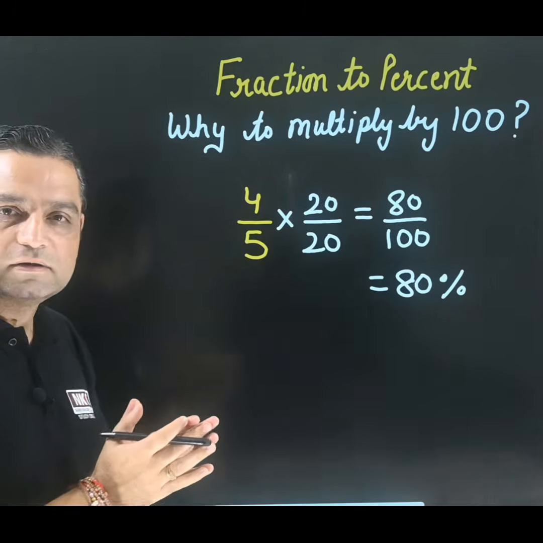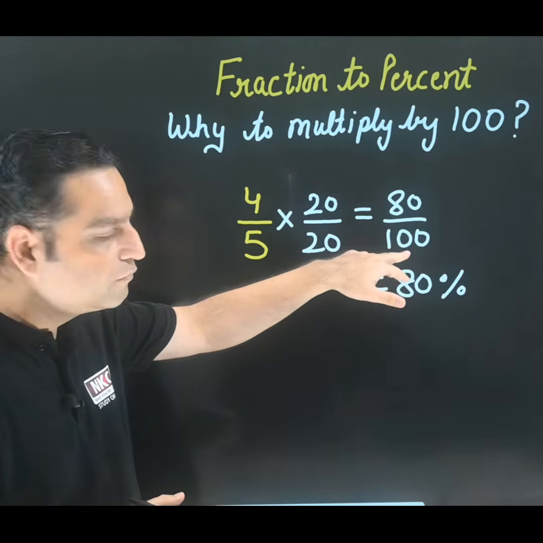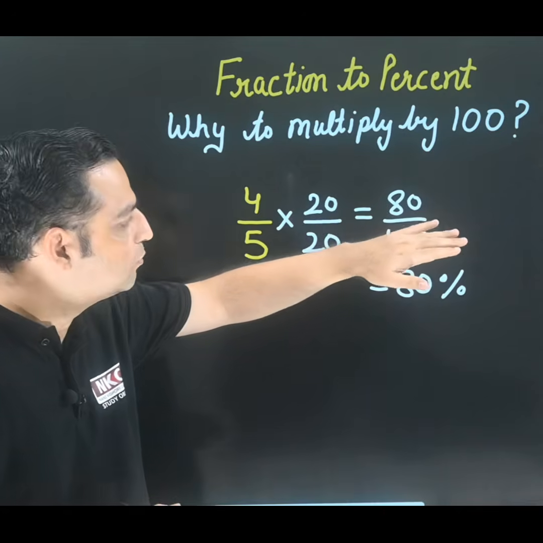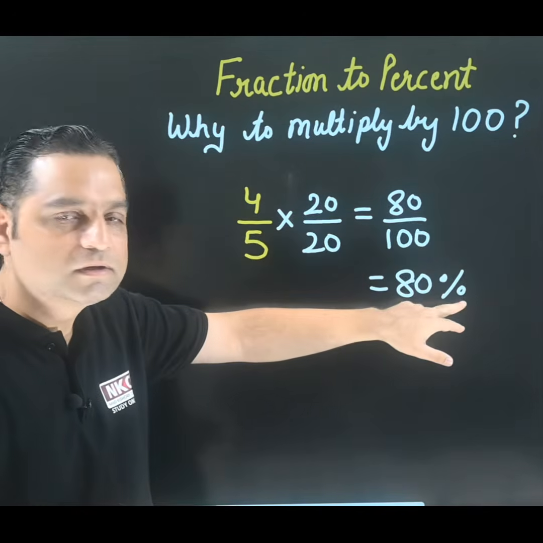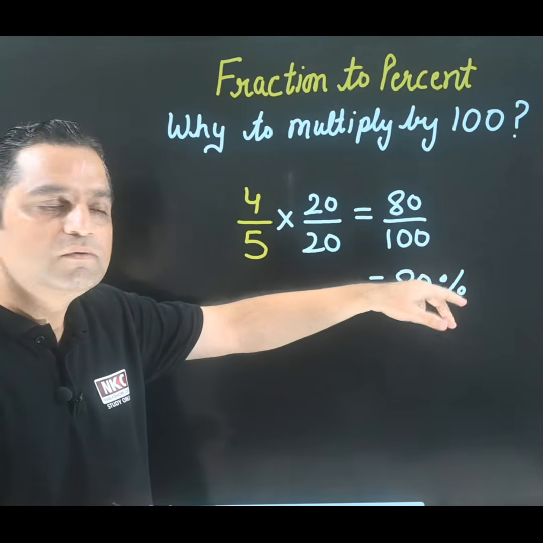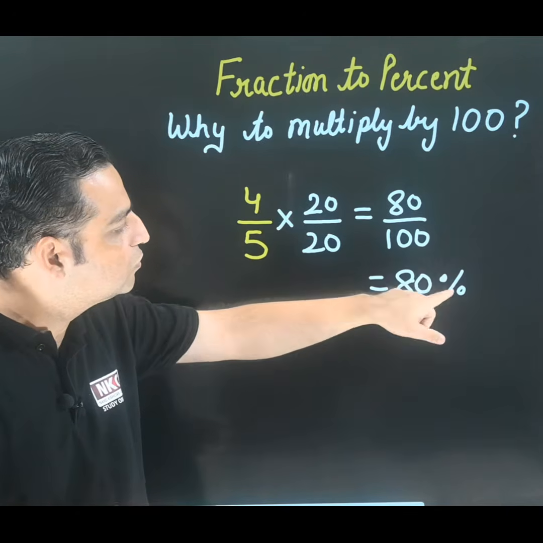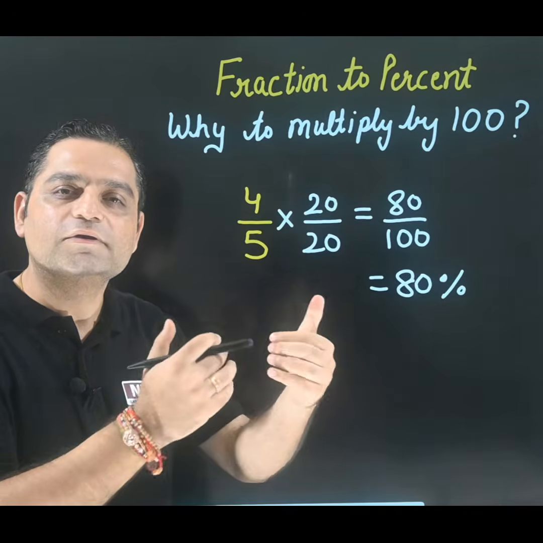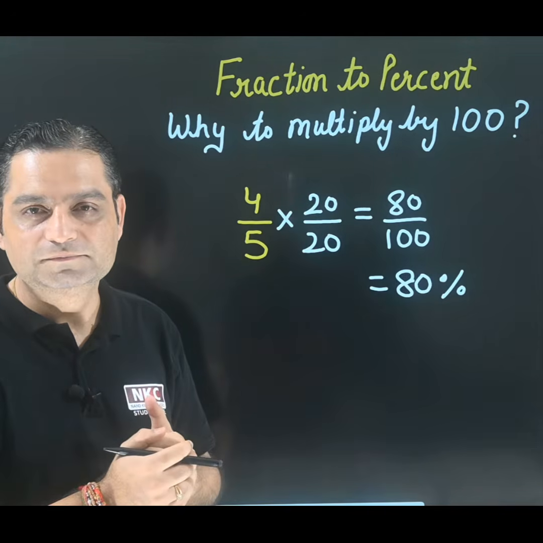See, the result remains the same. Since 100 was there in the denominator, I removed this 100, and instead of that I placed a percent sign. Now from percent to fraction, if you want to go, the reverse step is also possible. We can write it as 80 upon 100.